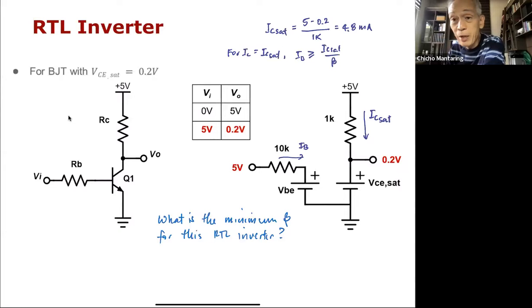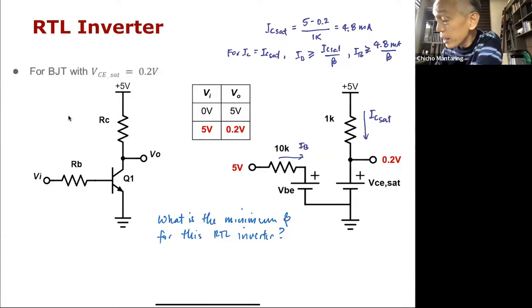No? Because remember that when your beta exceeds that value, yung IC mo will now stay constant already at IC SAT. Ano? Okay, so IB should be greater than or equal to 4.8 mA over beta.